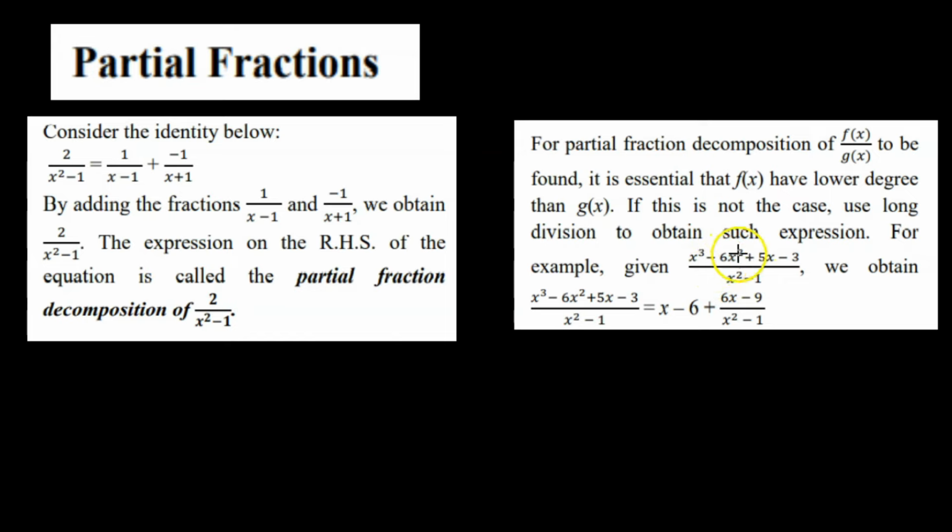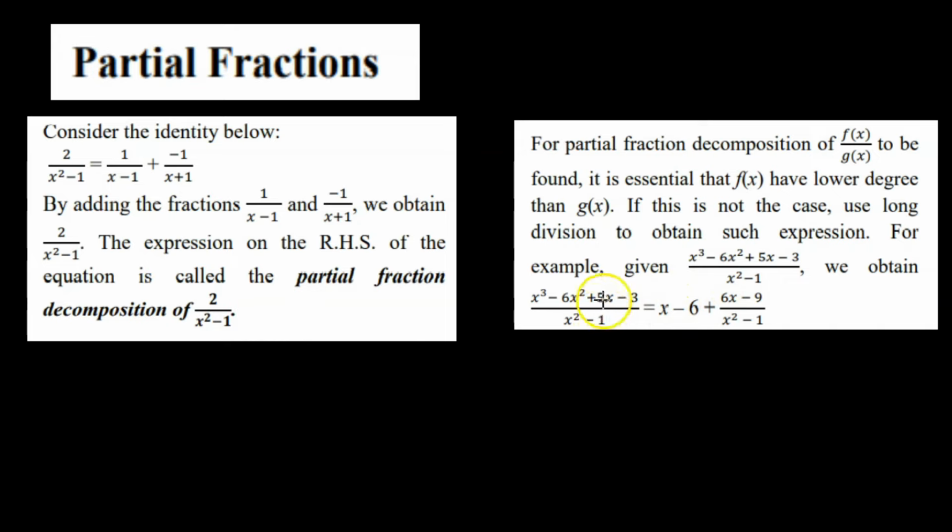If you don't have any idea how to divide polynomial functions, you can go back to my videos, where I've taught that as well. You can get the procedure for using long division to reduce fractions.